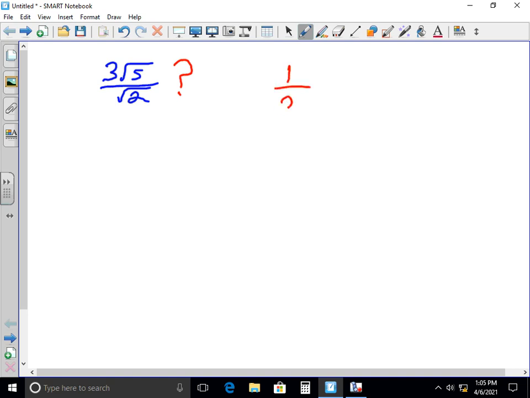So if I had something like this, no square roots there, what do we have to do to add or subtract fractions? Common denominator. Well, if I had fractions that had square roots on bottom, it would make it more painful to have to get a common denominator.